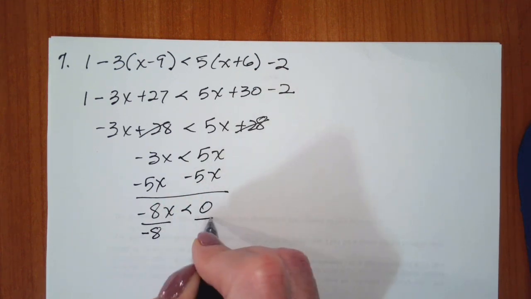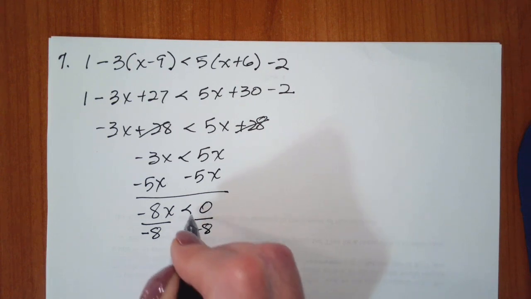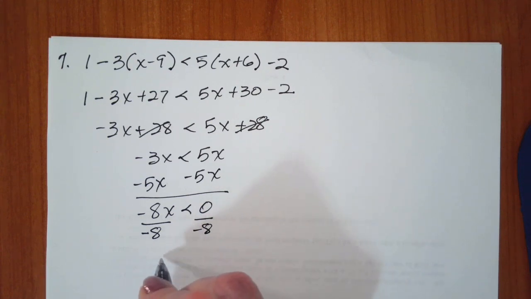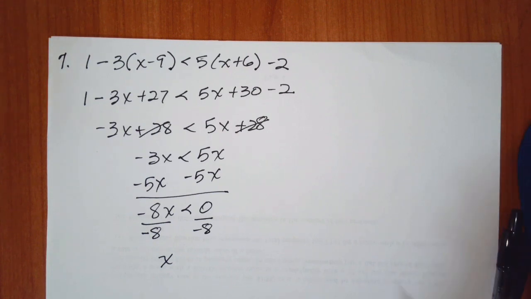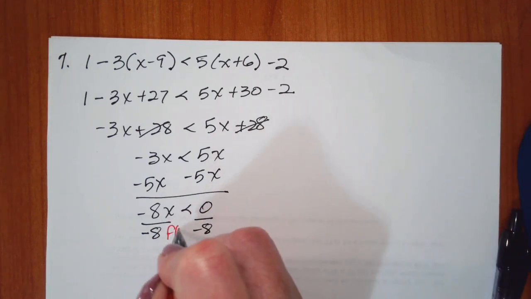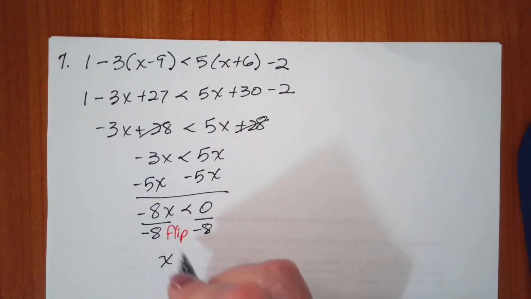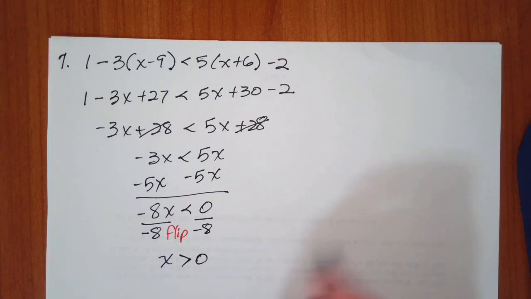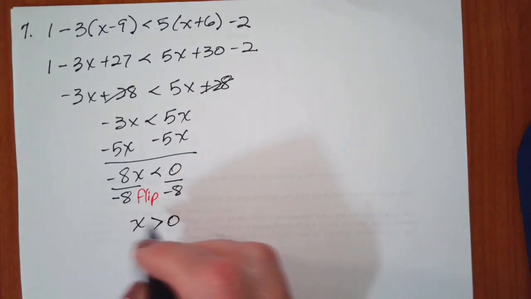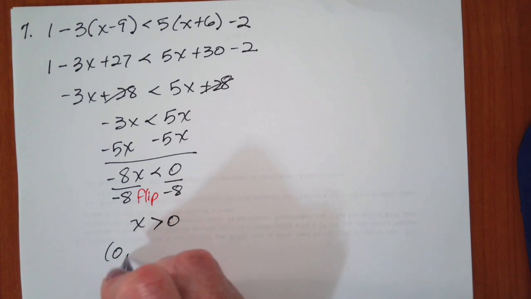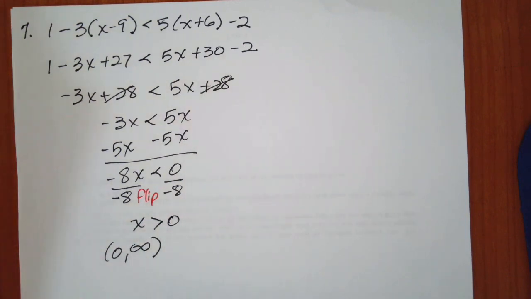But I'm going to divide by negative 8, which means I have to flip the inequality symbol. So that tells me x is greater than 0. If you wanted to put it in interval notation, it's going to be 0 to infinity.